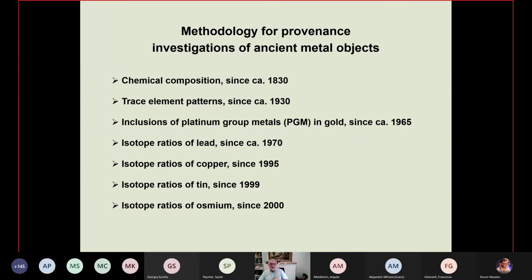But you see, chemical composition and trace element patterns were used until, let's say, the 1960s or 70s, and the isotope ratios of lead were introduced in the 1970s, and now we have several isotope systems at our disposal, which can be used for provenance studies.